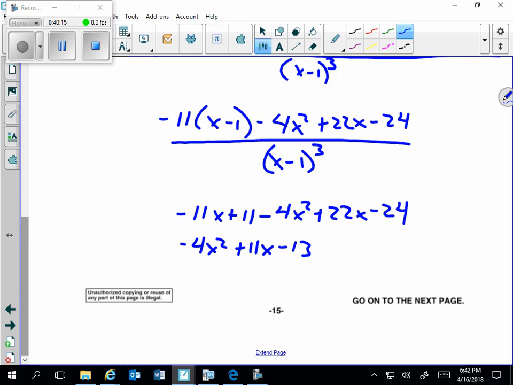I'm going to get rid of the negative sign just because I can. I think I made a mistake somewhere. Oh, I don't like making mistakes. So I have 2x, 13 doesn't give me 11, 4x and 13 doesn't give me 11.